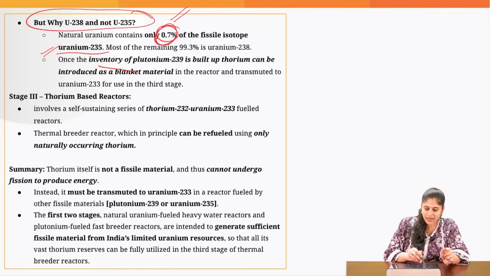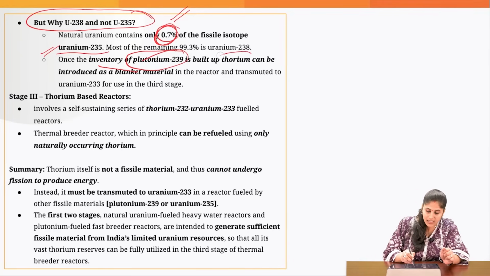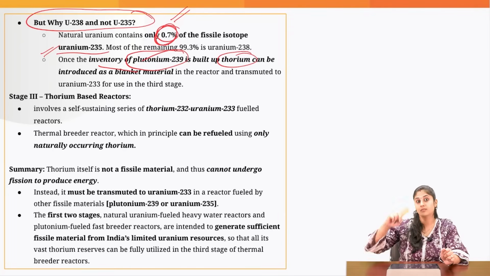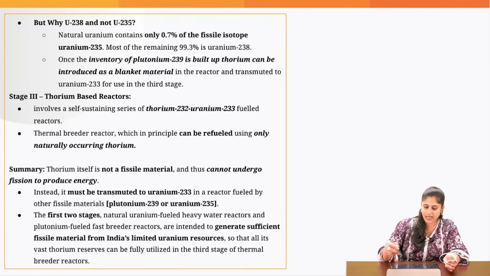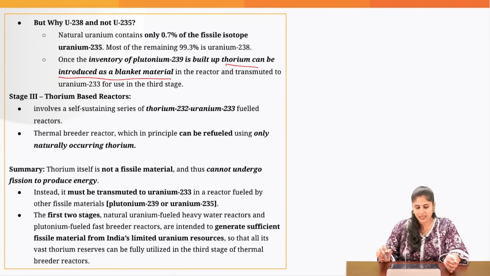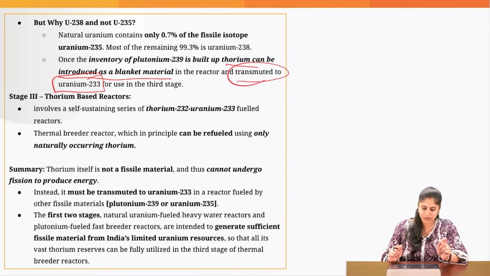Once the inventory of fissile plutonium 239 is built up, then you can use thorium. We have one of the largest reserves of thorium, but you cannot directly use thorium. You need to first collect the fissile plutonium 239, and then you can use thorium as a blanket material, which would get transmuted into uranium 233, again a fissile isotope of uranium.